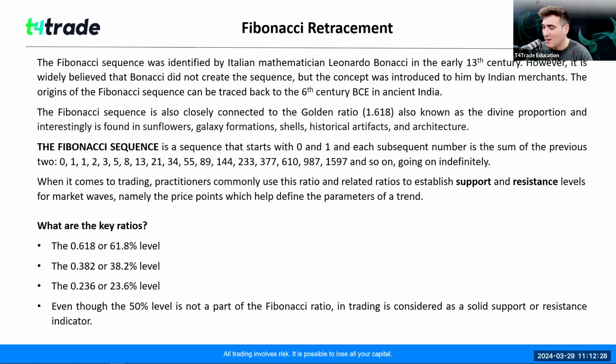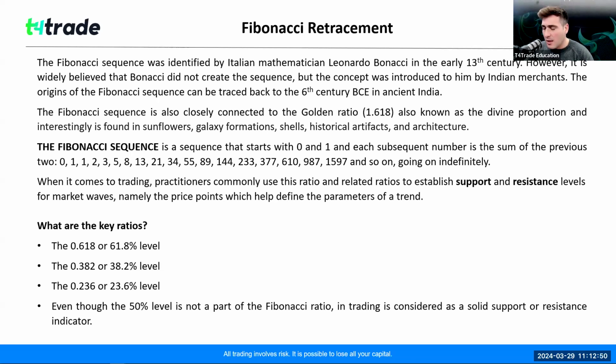So the Fibonacci sequence is closely connected to what we call the golden ratio, the 1.618, okay? This is a ratio you can find pretty much everywhere in regards to beauty and aesthetics and what we perceive as human beings as some sort of harmonic excellence. That's a way to introduce this.